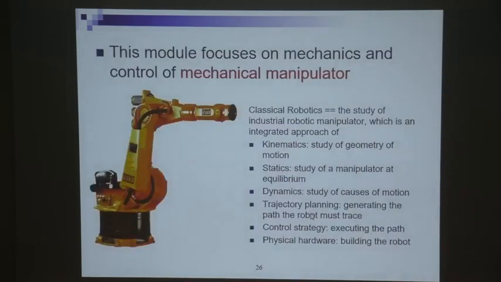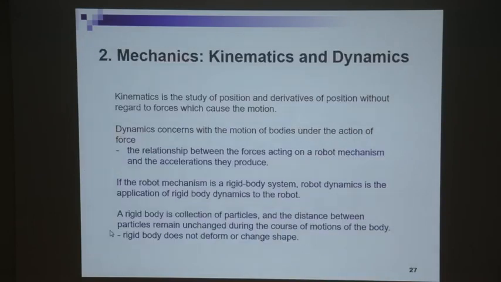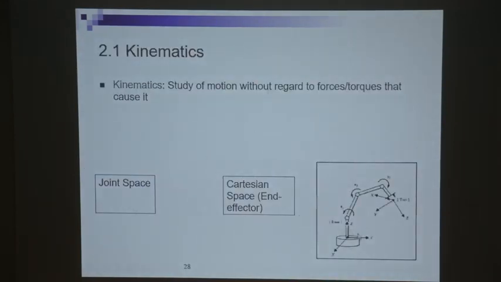Same thing if you look at this picture, there's a base. Then you have a link, and then you have the joints. These circles are the joints, and at the end you have the end effector. This end effector will tend to hold on to a particular object, which could be a tool. So the manipulator with the end effector will be holding on to a tool and using the tool in its operations.